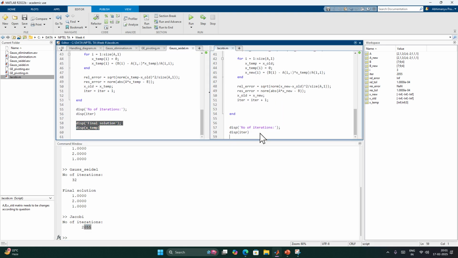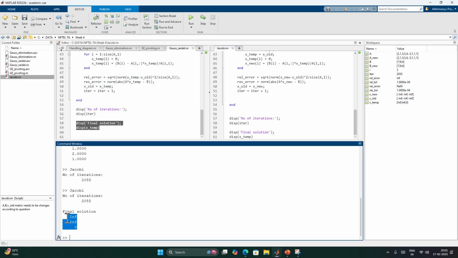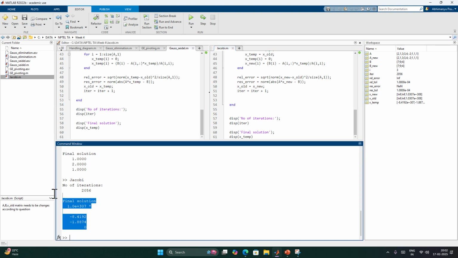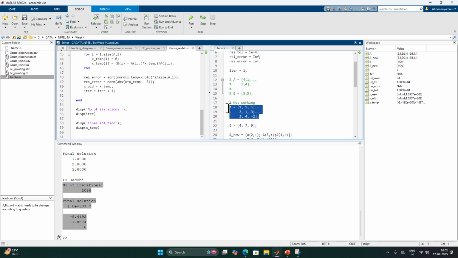So my final solution is still some rubbish values, infinity, infinity, 0. So the same problem, same structure, Gauss Seidel works. I'm getting a proper solution, but Jacobi does not work. Now, why is that happening? It's because this matrix is not diagonally dominant.